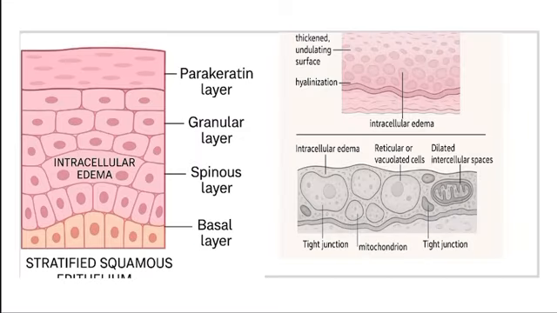So in this diagram, as you can see, there is the basal layer, and then in the spinous layer you can see there is intracellular edema, then there is the granular layer, and above that there is the parakeratin layer. Same in the other diagram, you can see there is a thickened undulating surface, then there is hyalinization, and between them there is intracellular edema.